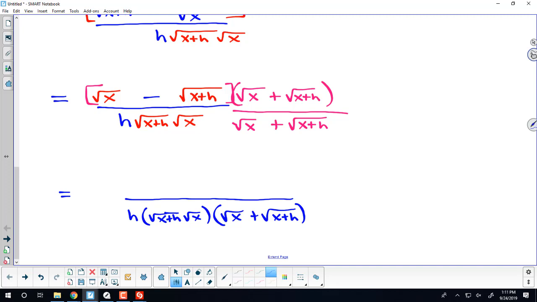Okay, and what does the numerator turn into? So, the numerator, we have root x times root x, and then we have minus the product x plus h. So what do we get up top? Negative h. Then a negative h up top.